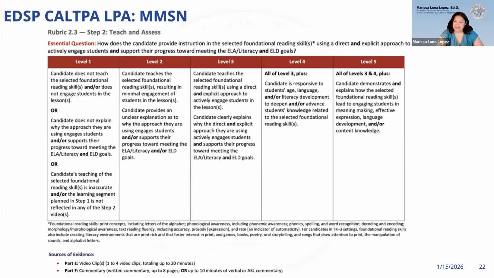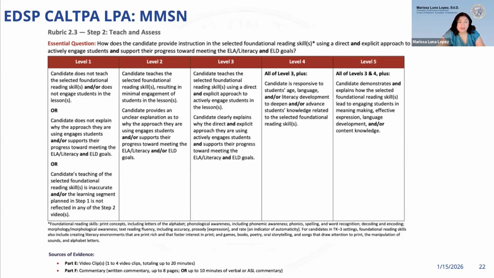That could be a little bit challenging. So it's really that verbal or ASL commentary is that opportunity to speak to something rather than writing, especially for someone. There are folks out there that are just not the strongest. They don't come across as strongly in writing as they do, but you talk to them and you're like, wow, okay, yeah, now I understand. And so that's what that piece of commentary is.